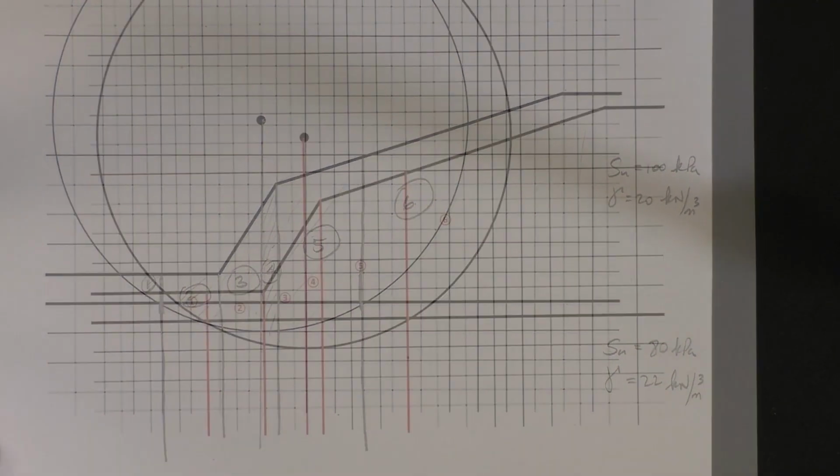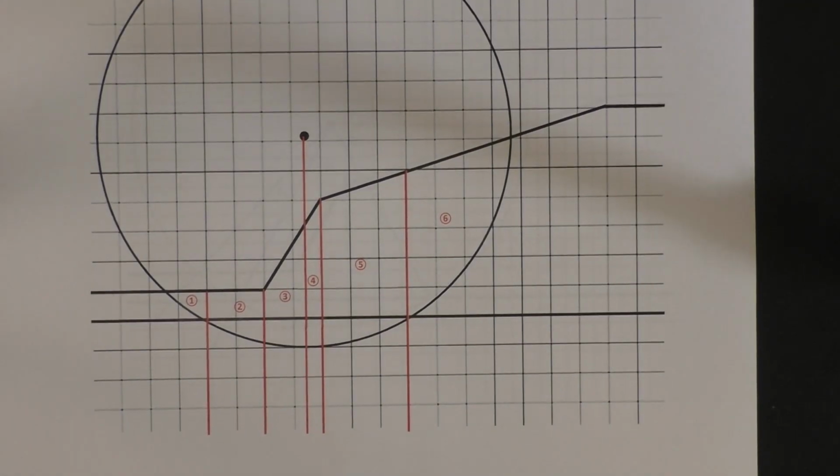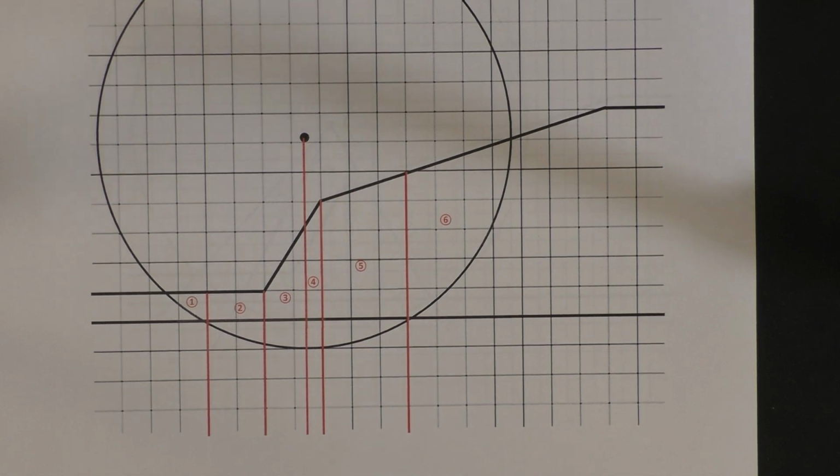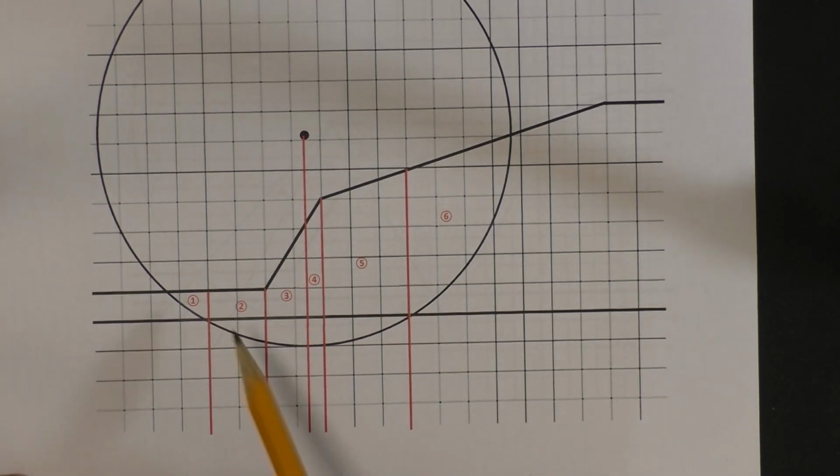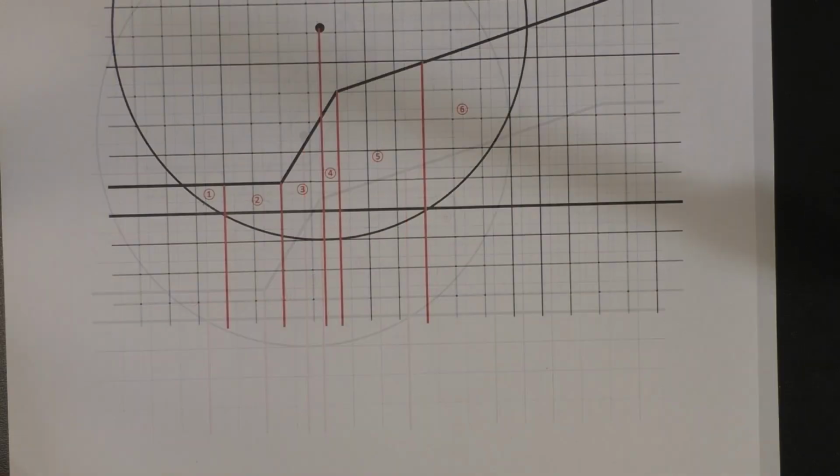6 slices. So what I've done here is I've redrawn the cuts, right? The vertical lines in red, and I have put numbers here on the slices. 1, 2, 3, 4, 5, and 6. The next step is to determine the area of each of these slices.